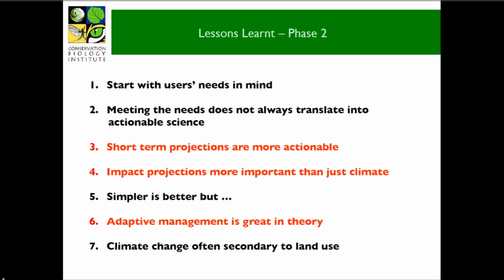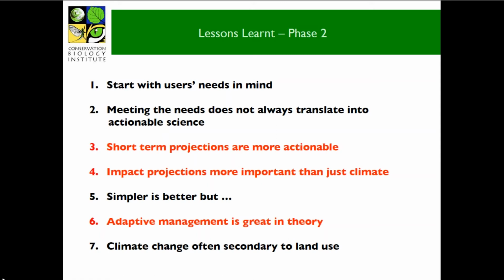Sometimes it's just part of education. People were really interested in knowing what the climate models were. Well, we can give them that information. That doesn't mean that it's going to change what they're going to do on the ground. But at least they have access to something that's written in a form that they can access easily and understand quickly. Short-term projections are more actionable, so we were really trying to focus on providing those.